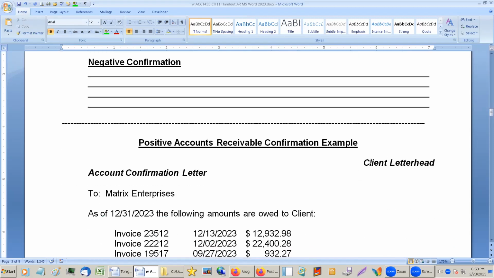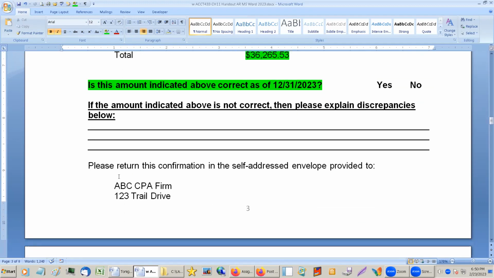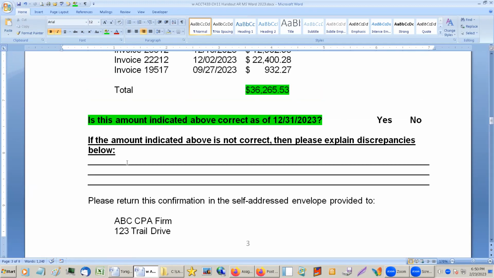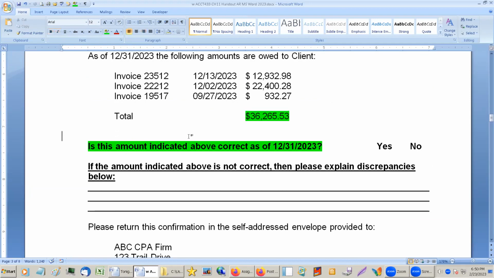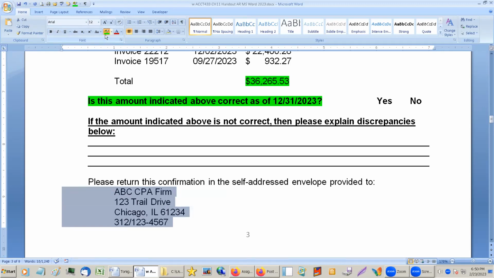And notice that we have this put on the client's letterhead. I'll get to the positive and negative ones here in a second. But we have it returned to the CPA firm. The CPA firm are the ones that actually get this back.